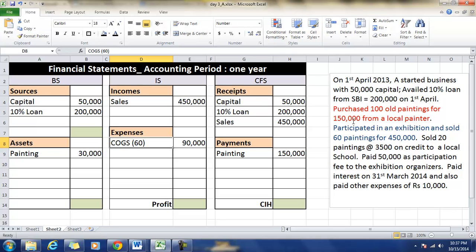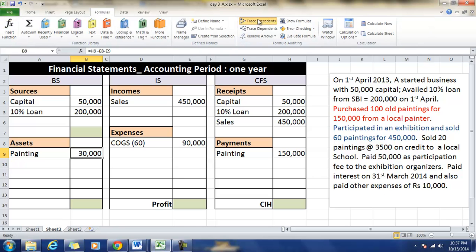So 60 into 1,500 is the cost of goods sold, and to that extent the paintings will reduce. You can see that 150 minus 90 is equal to 60,000.